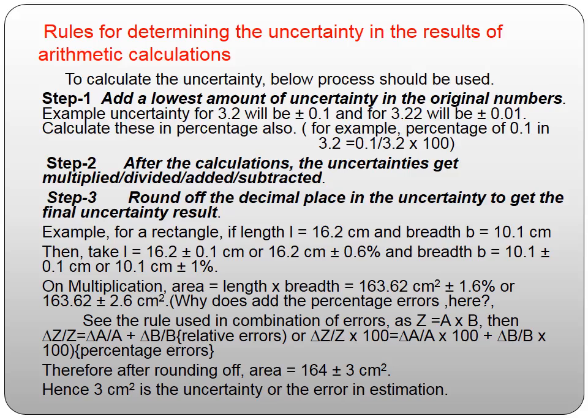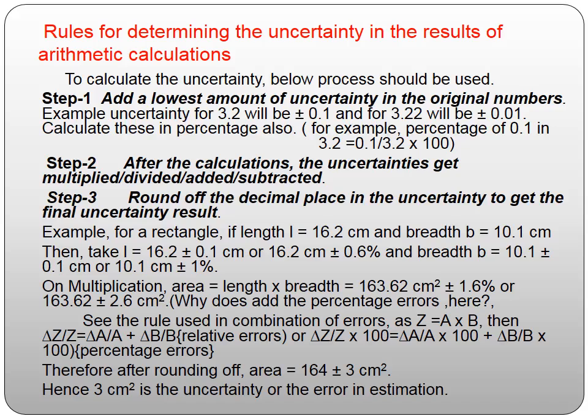Then calculate the percentages of their uncertainties. How can you calculate the percentage of uncertainty? For example, the percentage of 0.1 in 3.2 is equal to 0.1 divided by 3.2 into 100.